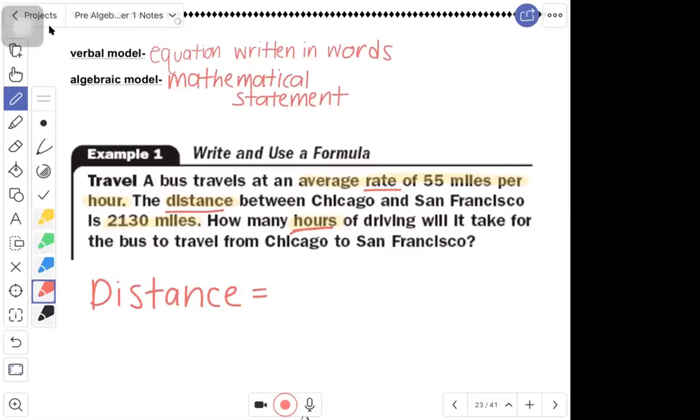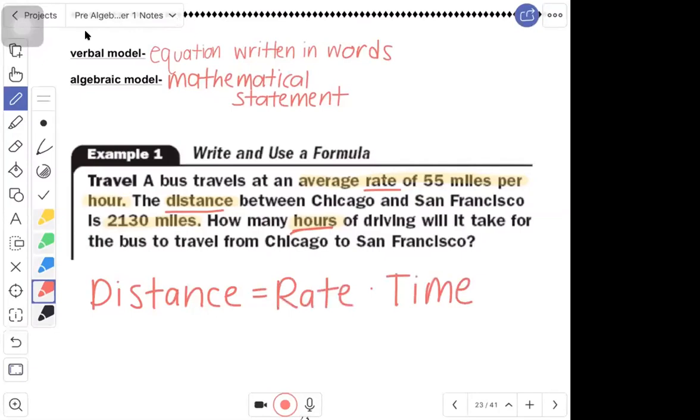Someone's got to know it. The other two things are rate and time. So what is it going to be? Distance equals, Haley, do you want to take a guess? Rate times time. Yeah. Distance equals rate times time.